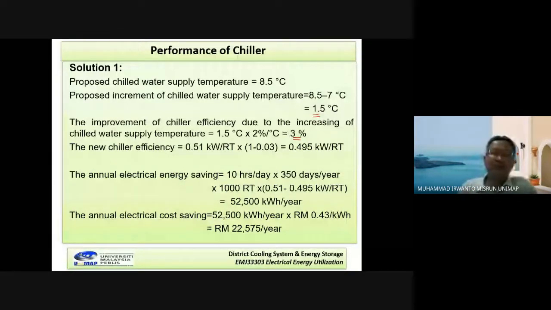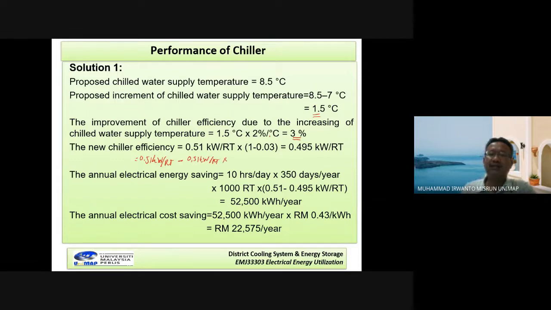So the new chiller efficiency, because it is in percent, is 0.51 kilowatt per RT multiplied by 1 minus 0.03, or we can also write 0.51 kilowatt per RT minus 0.51 kilowatt per RT multiplied by 3%.